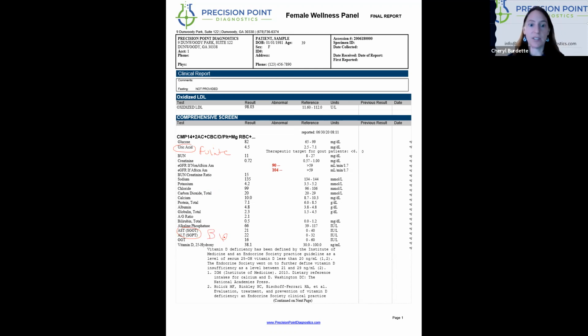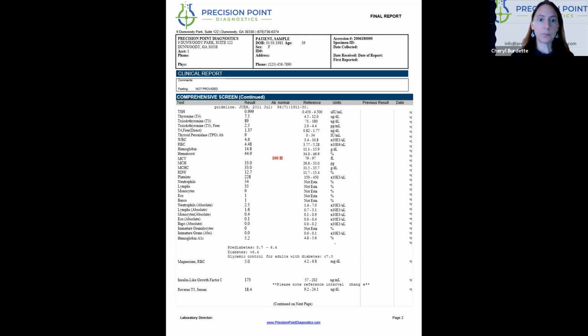We need B6 to drive a transaminase, and that's what the T stands for here. These are transaminase reactions, and so B6 as a cofactor is required to make AST and to make ALT. So low AST and ALT, like a 4 or less, can give you a picture of a B6 deficiency.